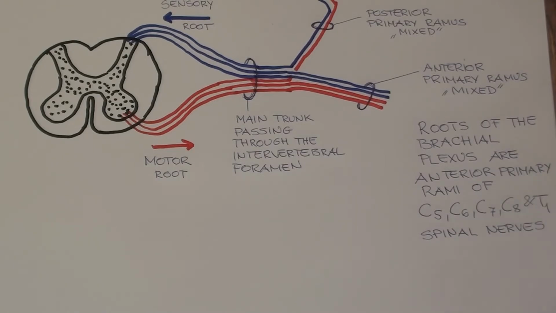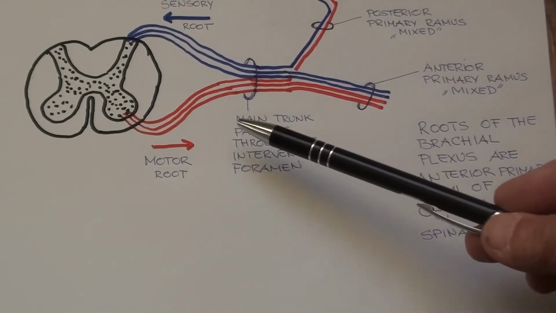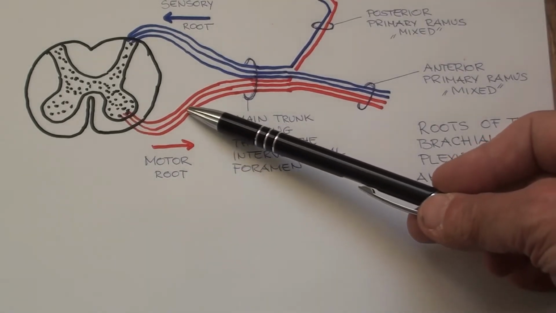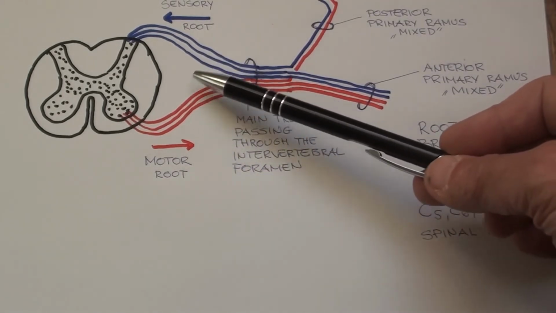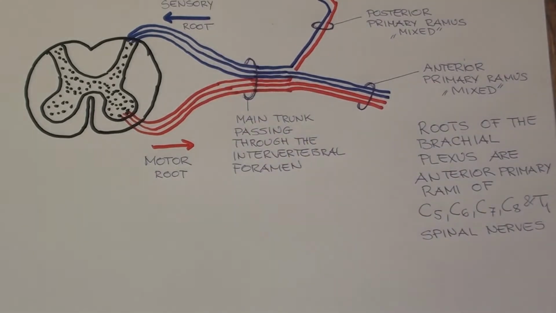So don't hesitate to use the term root of the brachial plexus instead of incorrectly using the term root of a nerve, which will immediately put you within the spinal canal. So roots of the spinal nerves just compose a spinal nerve, and then with its division into anterior and posterior primary rami, it is the primary rami of 5 different nerves that are to become roots of the brachial plexus.